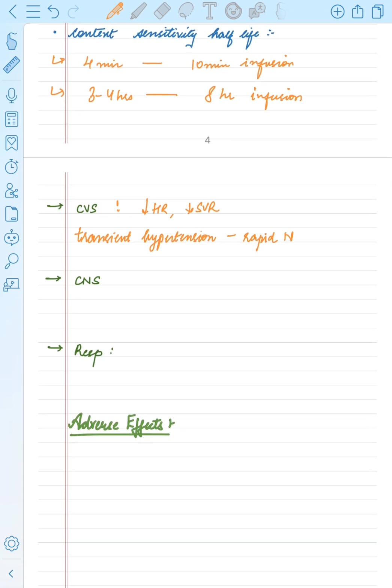On the CNS, it causes arousable sedation, which mimics our natural sleep. It causes hypnosis, and it causes analgesia, both spinal and supraspinal.